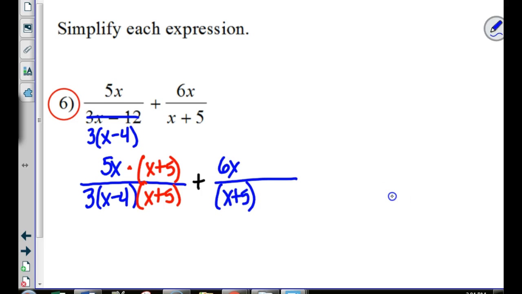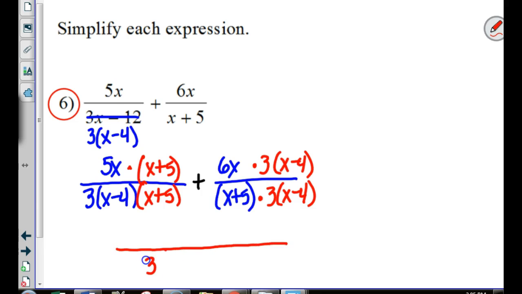What does this one need still? Yeah, a 3 and an x minus 4. All right. So the new denominator, can I just write it once, guys? The new denominator is 3, x minus 4, and x plus 5.